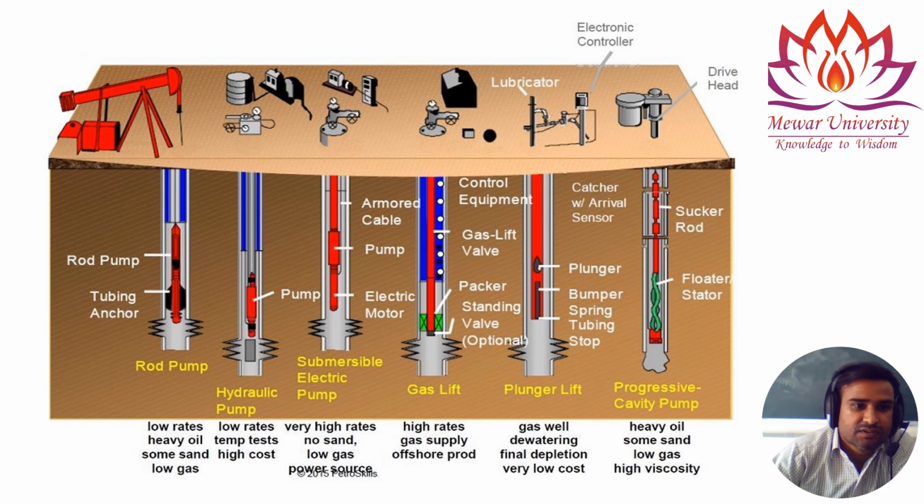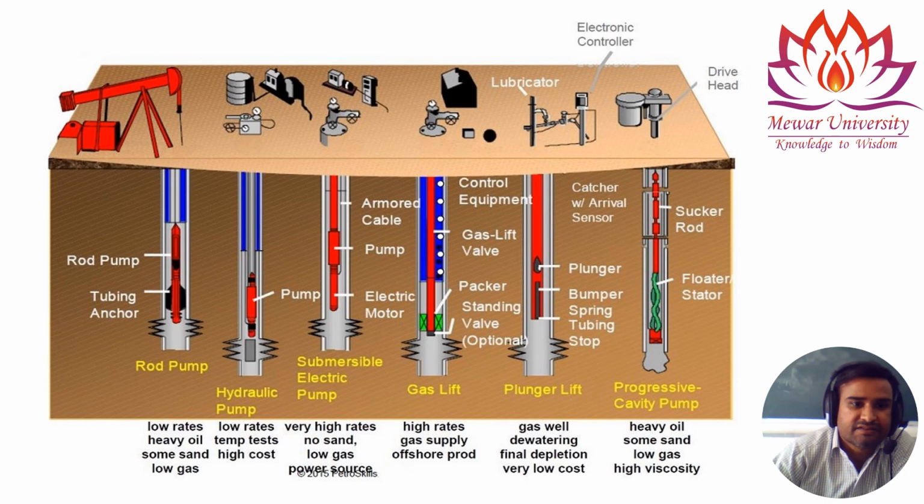The sucker rod pump: low rate, heavy oil, some sand, low gas. Hydraulic pump can be used for low rates, temperature test, high cost. And the submersible electric pump: very high flow rates, no sand, low gas, power sources.